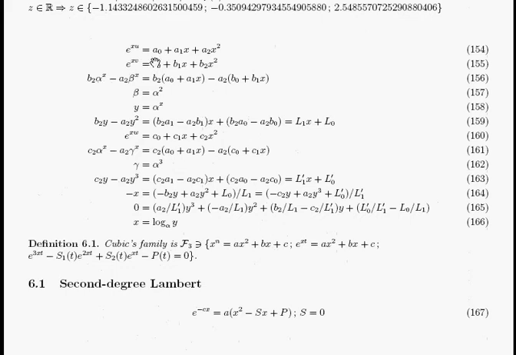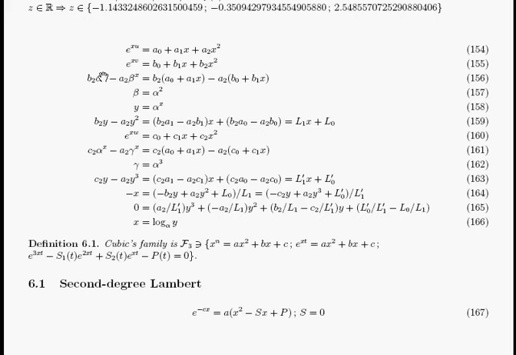So if on one side we have a0, a1 x, a2 x squared, and on the other side b0, b1 x, b2 x squared, we can drop the x squared by multiplying the first by b2 and subtracting a2 times the second: b2 times the first minus a2 times the second.